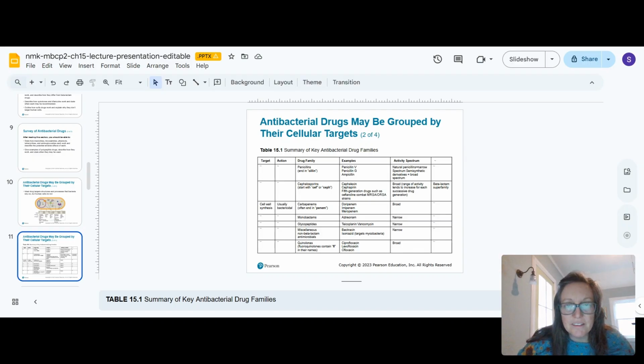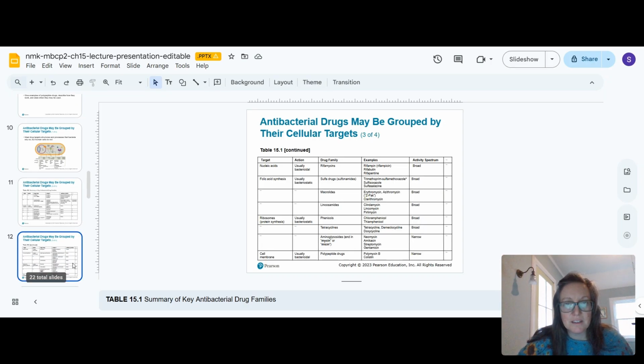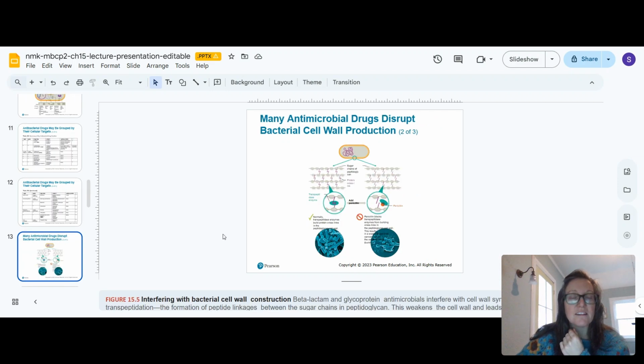We have our penicillins here, which are in the drug family penicillin. And we have others as well. The table goes on, and you can see sulfa drugs, tetracyclines. Important to recognize that these different types of drugs target different parts of the bacteria.